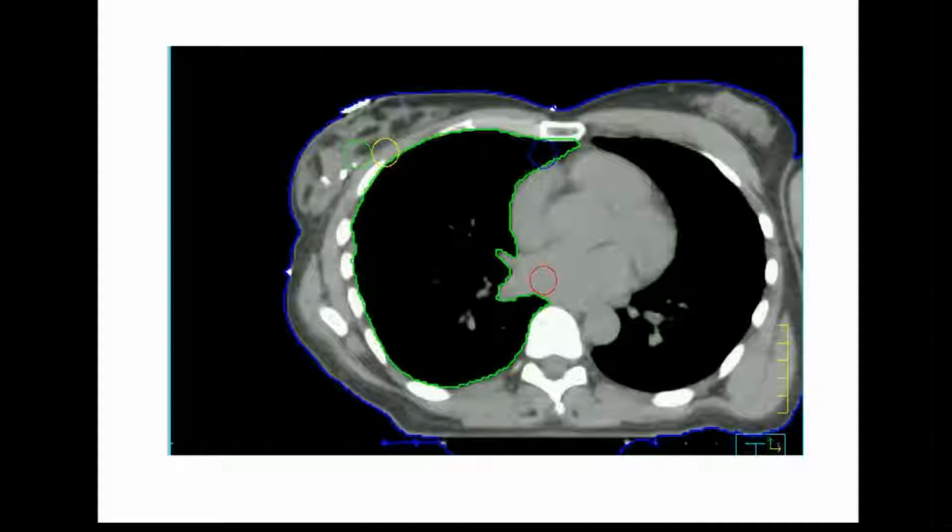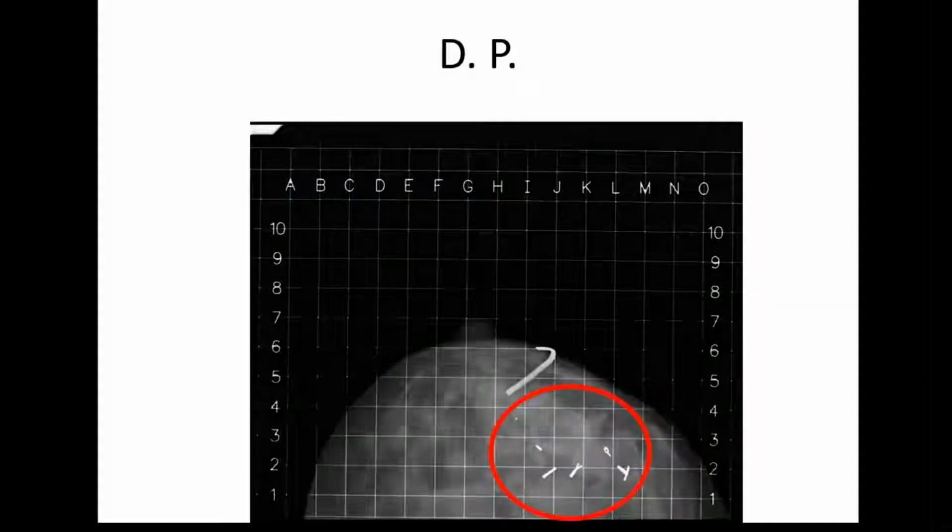Very, very hard to accurately define where the tumor bed is based purely on CT scan, despite the presence of clips. But we sit this patient up, gently compress her breast, and take an AccuBoost image. Next slide. And you see the target volume really comes together very nicely, and it's very easy to target this quite accurately. Next slide.